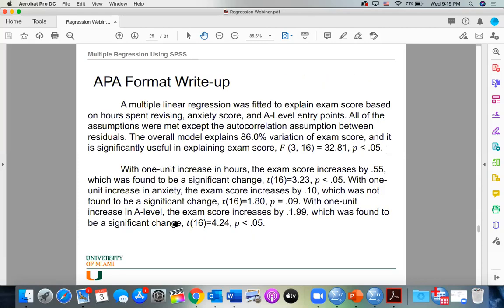Okay, any questions so far? What's the difference between the R squared and adjusted R squared? This is a very important question. So sometimes you add so many predictors in your model.